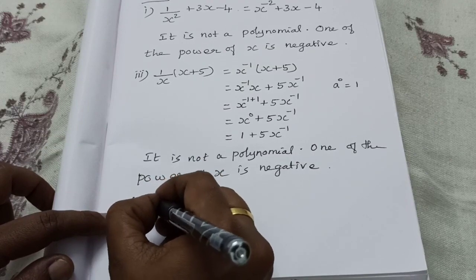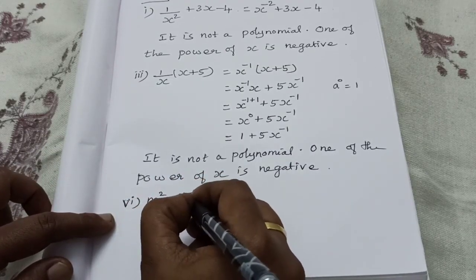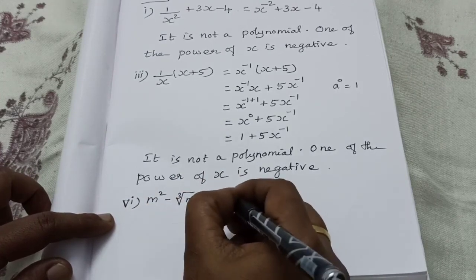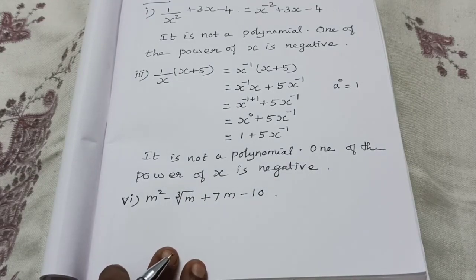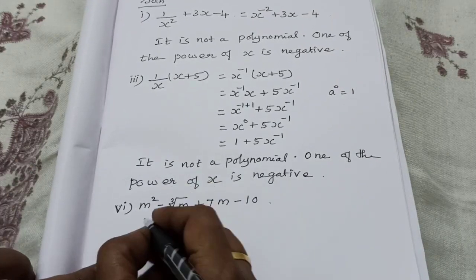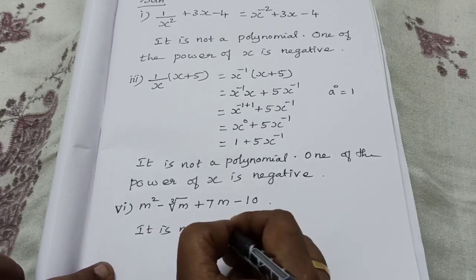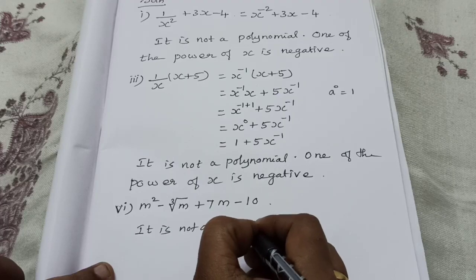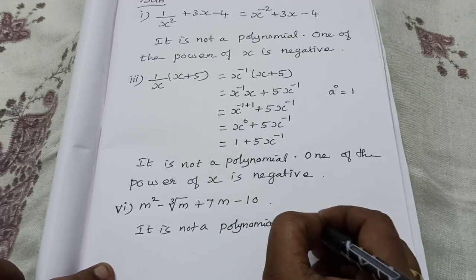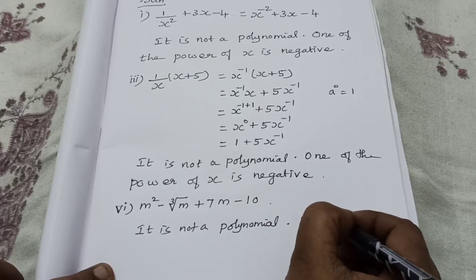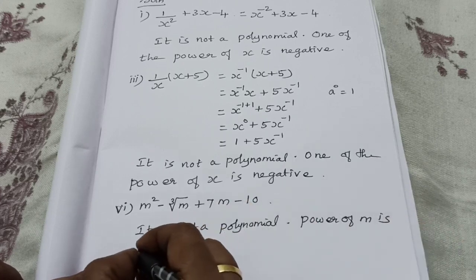Sixth sum, m square minus cube root of m plus 7m minus 10. Is it a polynomial? No, it is not a polynomial. Why? What's the reason? The power of m is a fraction.